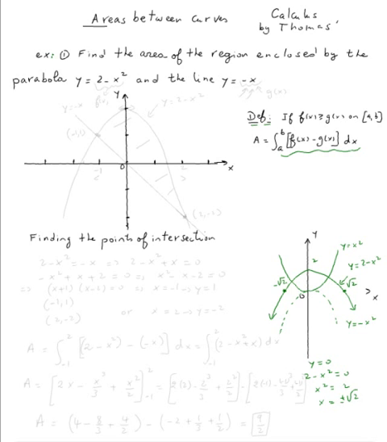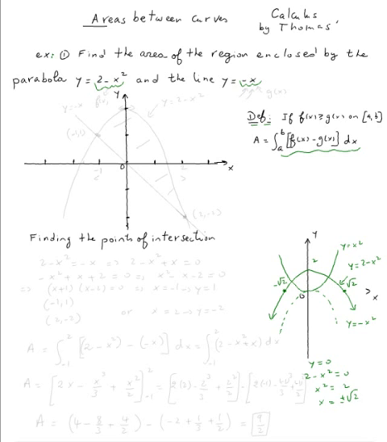Let's graph that one first. But before we graph that, and we know how to graph y equals negative x, let's find the point of intersection of the two curves. To find the point of intersection, we set both y's equal to each other. In other words, we set this quantity equal to this quantity and then solve for x.